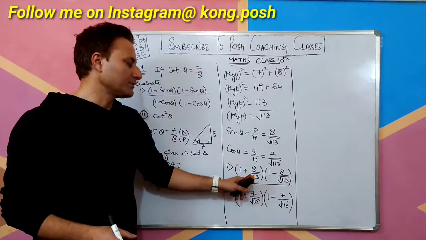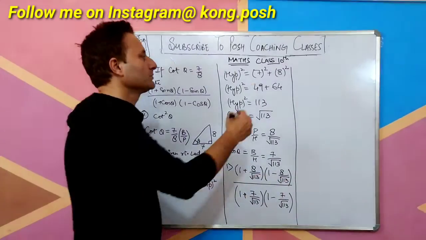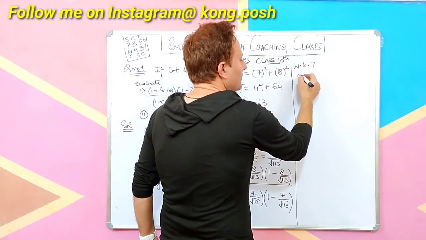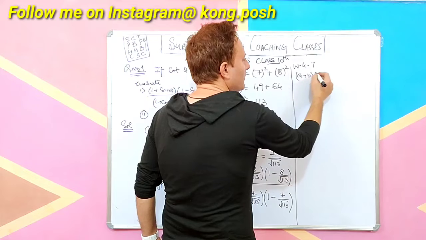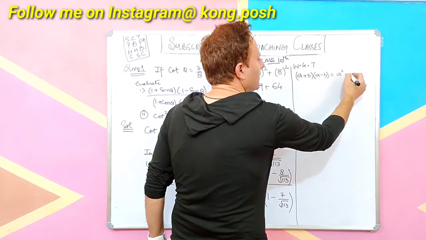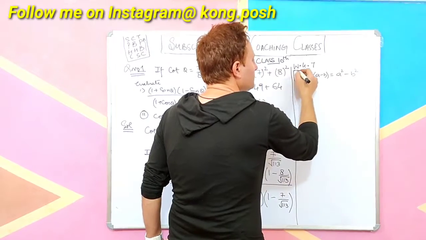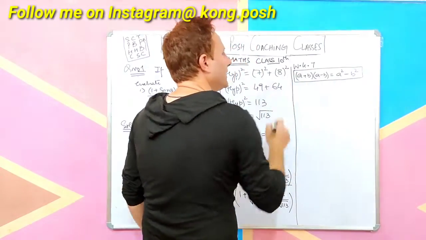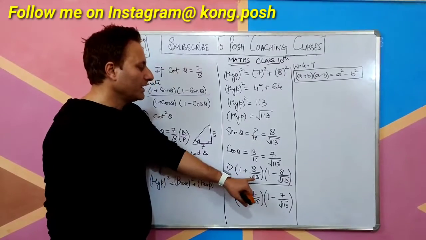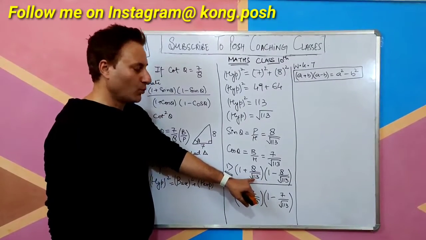Now I can see there is one identity that we can use, a plus b into a minus b. I'll write it here. We know that a plus b multiplied by a minus b is a square minus b square. This is the identity I am going to use here. So a is 1 and b is 8 upon under root 113.